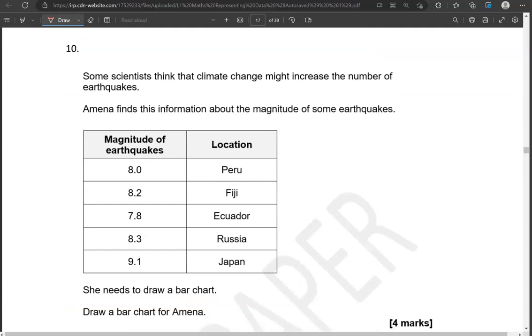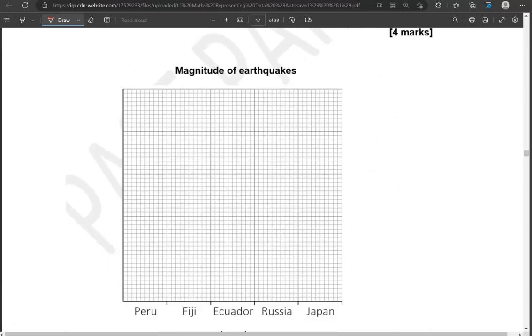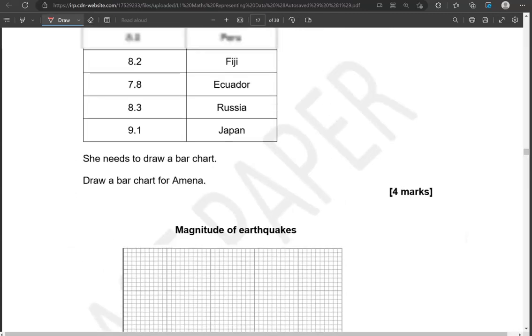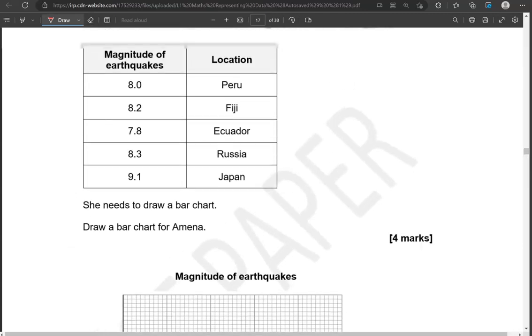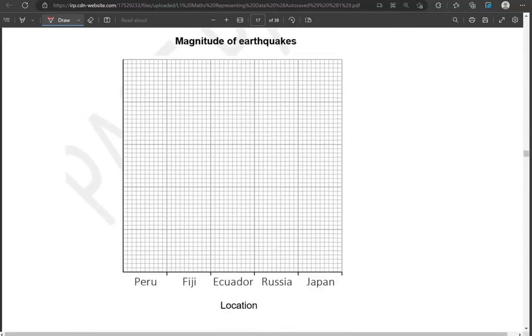Some scientists think that climate change might increase the number of earthquakes. Amina finds this information about the magnitude of some earthquakes. She needs to draw a bar chart. Draw a bar chart for Amina. So we've got different locations, and we'll show magnitude of earthquakes.